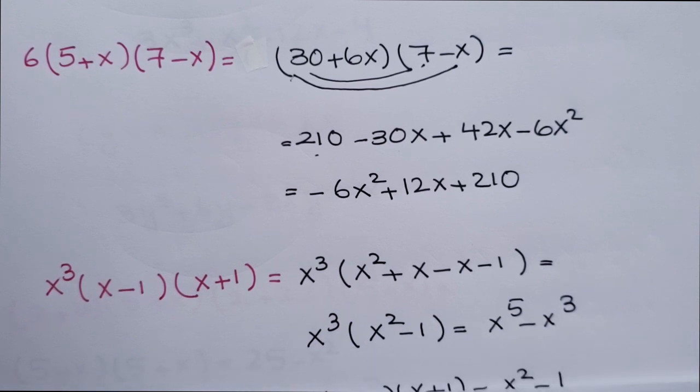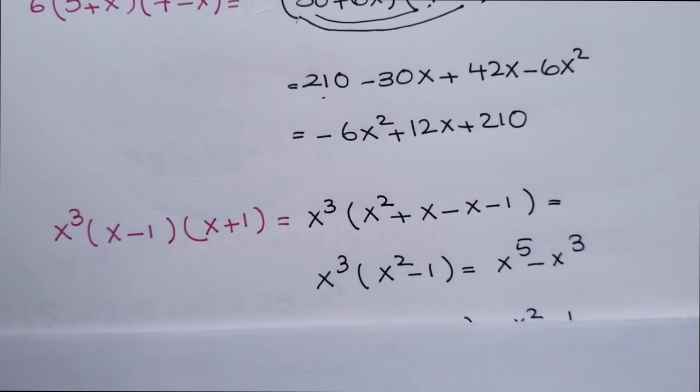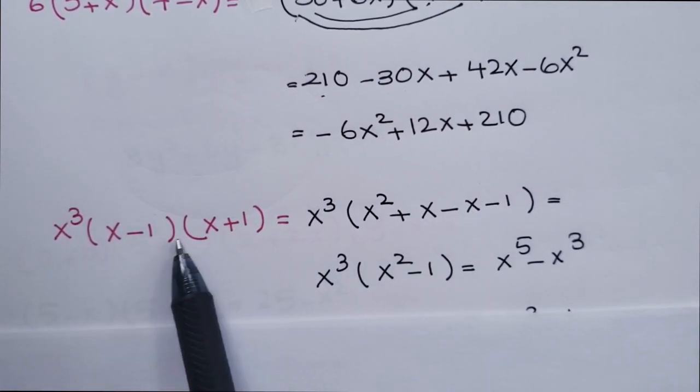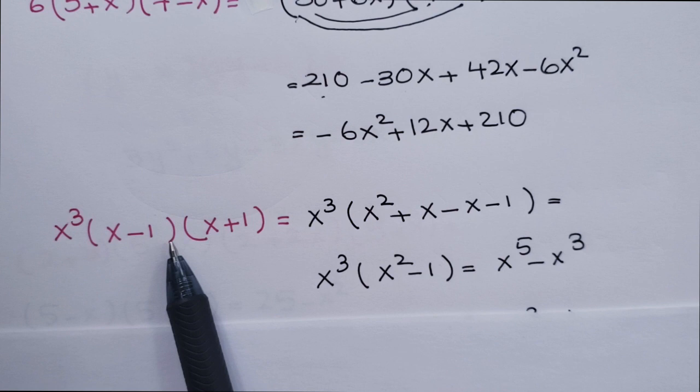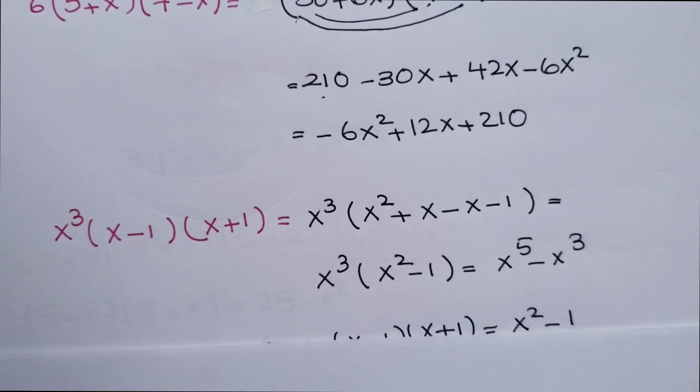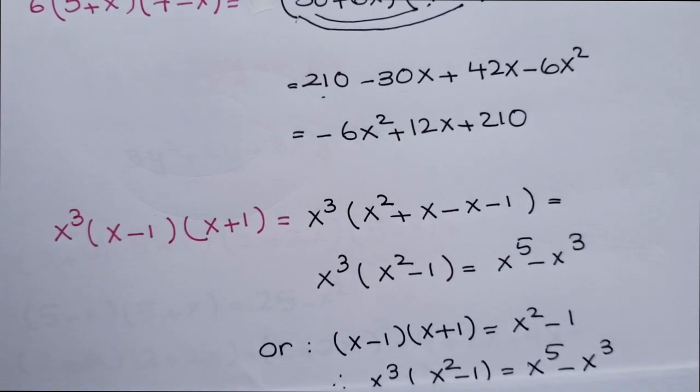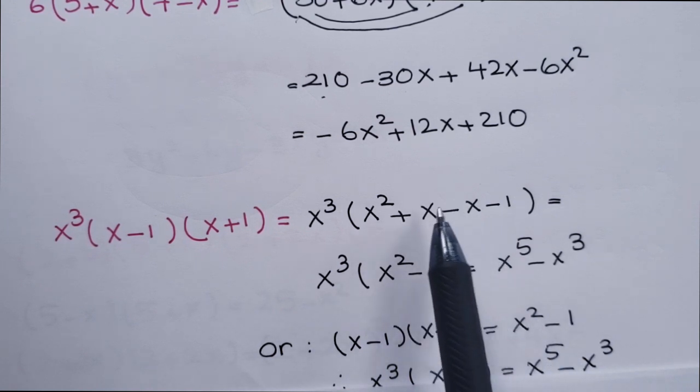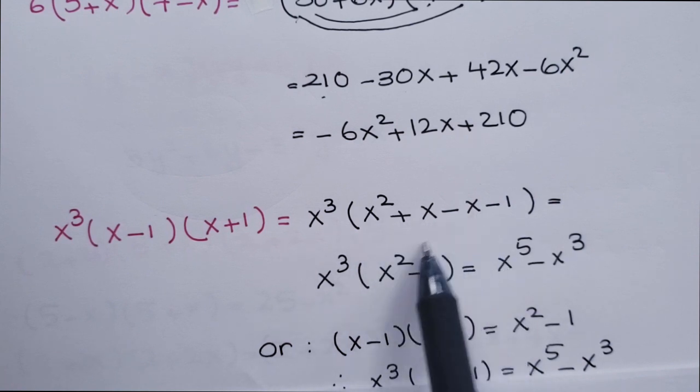Or, as I just mentioned, if you can remember, these two brackets are one of those factorizing patterns. So x minus 1 times x plus 1 is x squared minus 1. As you can see here, that's the same thing.